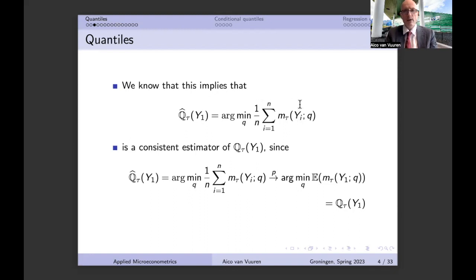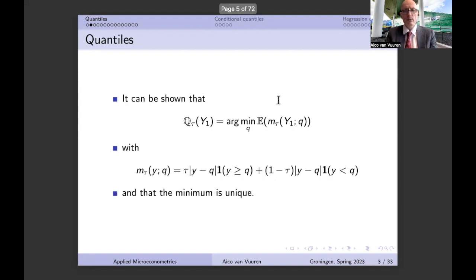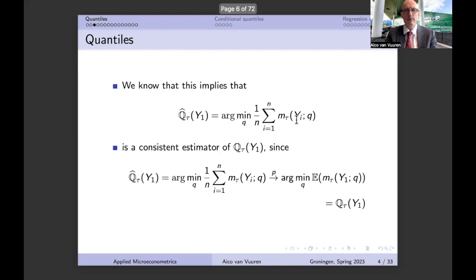So generally this is going to be different, but we should take into account that if n goes to infinity, then this thing that we have over here is going to converge to that thing that we have over there. That's, by the way, not just for one particular level of Q, but for any level of Q that we can actually think about.